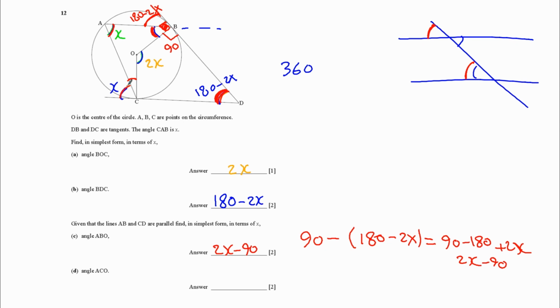So this angle here would be 90 minus X. So the answer for this one would be 90 minus X. Okay, so 90 minus X is the answer for the last part.